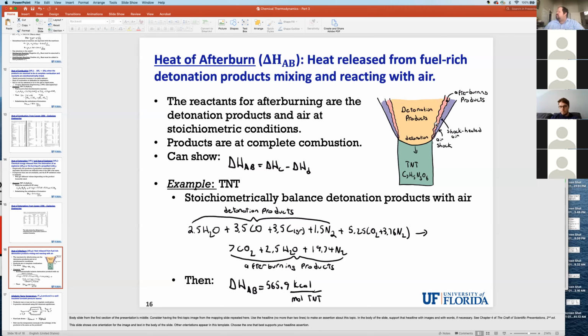So you can imagine that at this very boundary the air and those detonation products are going to mix. And if the detonation products are fuel rich, they can burn again as they mix with the air. That process is called afterburning.